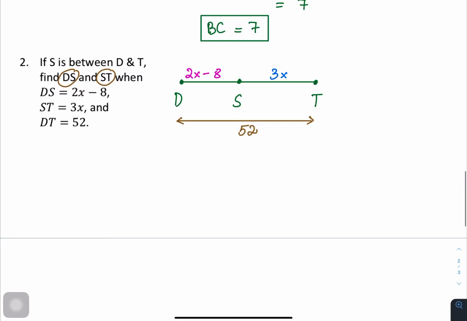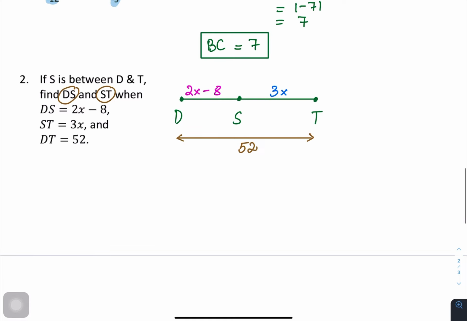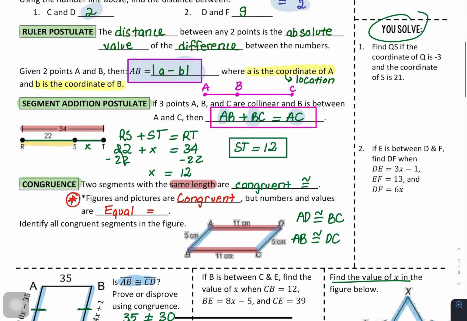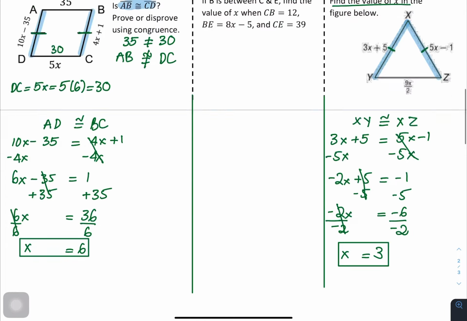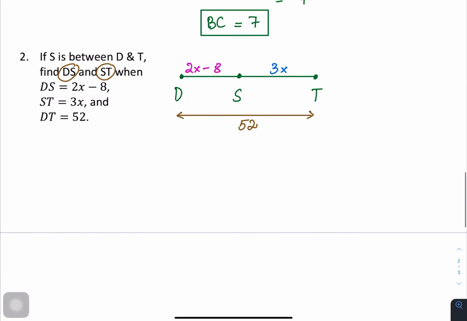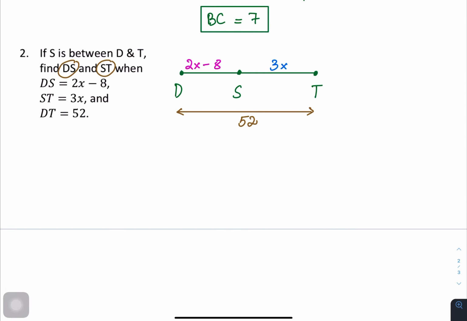First off, we have to solve for x. Based on the segment addition postulate, DS plus ST equals DT.